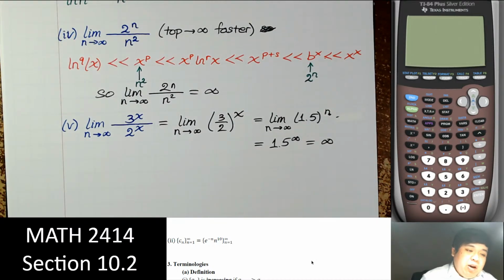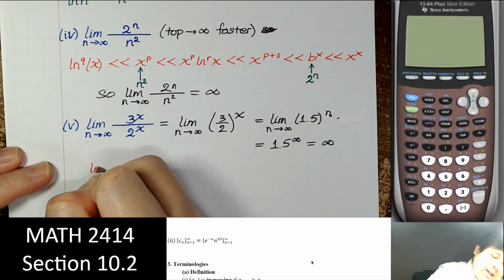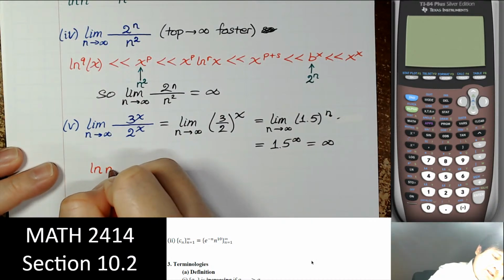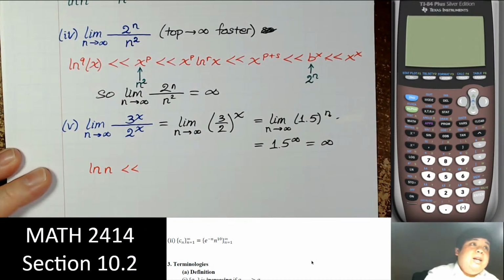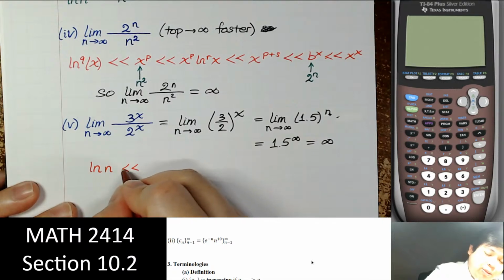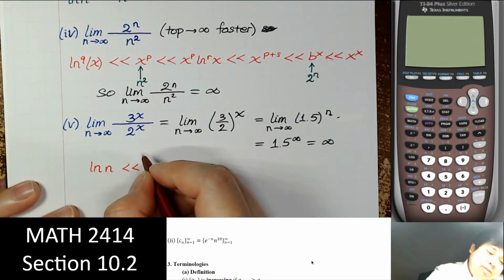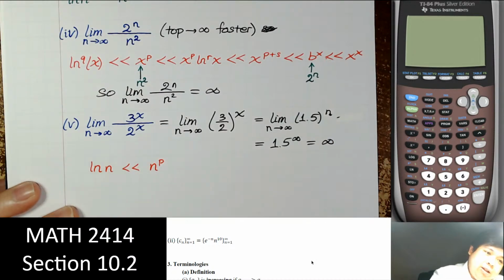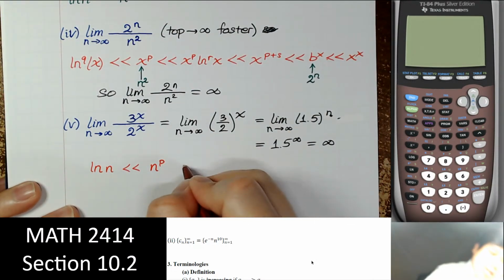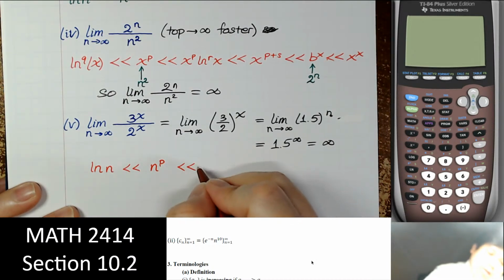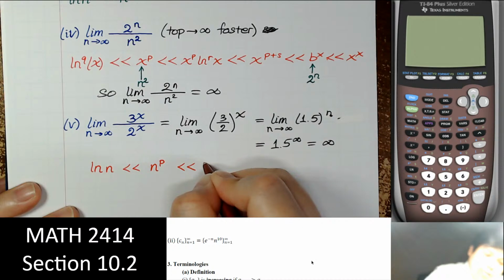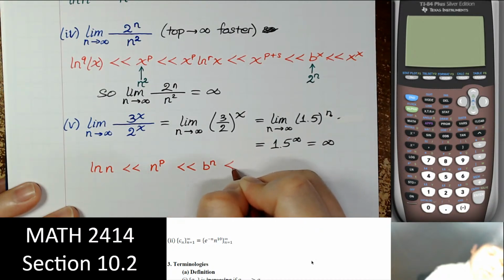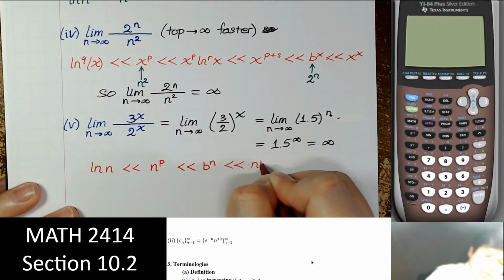But a similar version of this is ln of n growth is significantly slower than n to the p. Just going to drop that. Right.